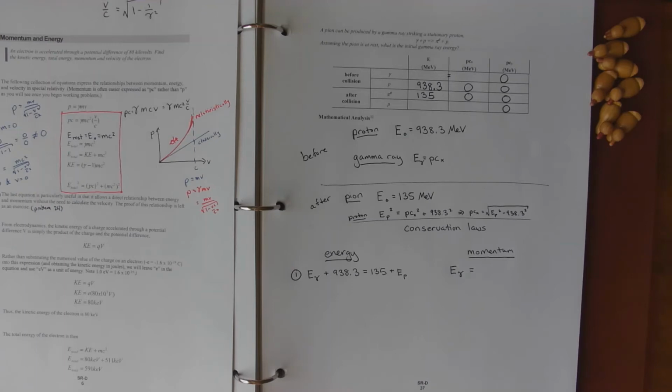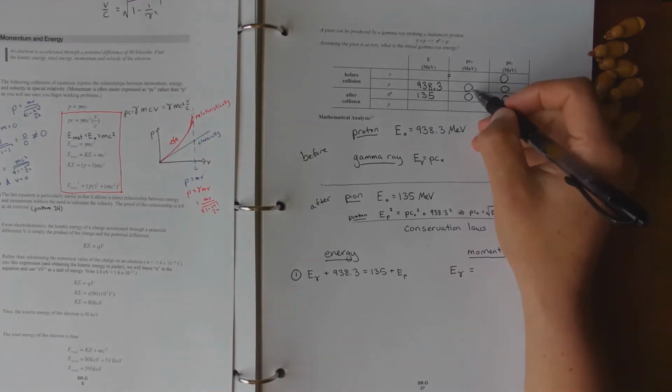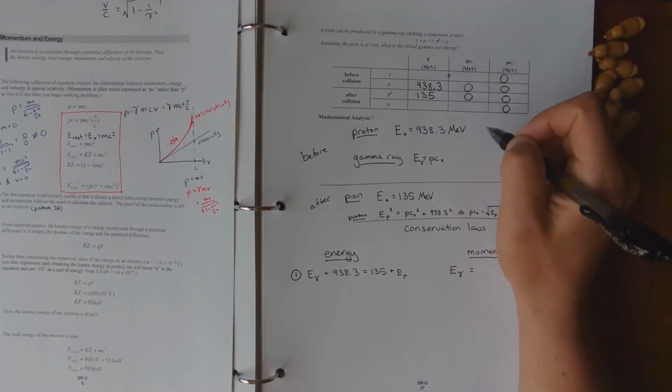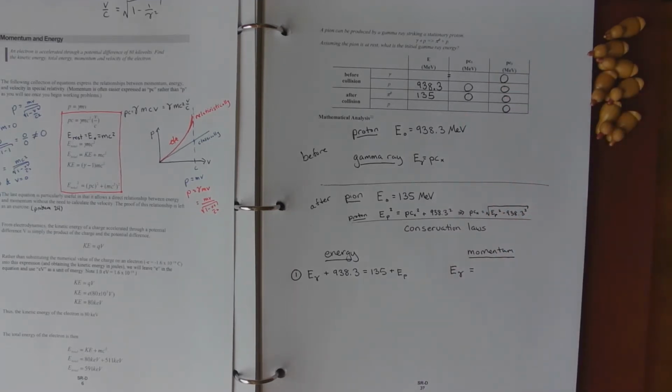Now, question for you. What direction is the proton going in after the collision? If the gamma ray is initially going in the x direction, is it possible for the proton to be going in the negative x direction? That would not be a possibility in this case because the proton is stationary before the collision and the pion is stationary after the collision. So before the collision, we only have one particle moving. After the collision, we only have one particle moving, so it must be moving in the same direction that the gamma ray was moving in to begin with.